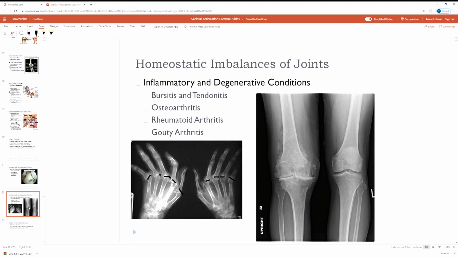And then lastly, we have inflammatory disorders and potentially also degenerative disorders. So bursitis and tendinitis, these are fairly common. These are just overuse, repetitive activity type injuries. Picture a contractor who's swinging a hammer all day.